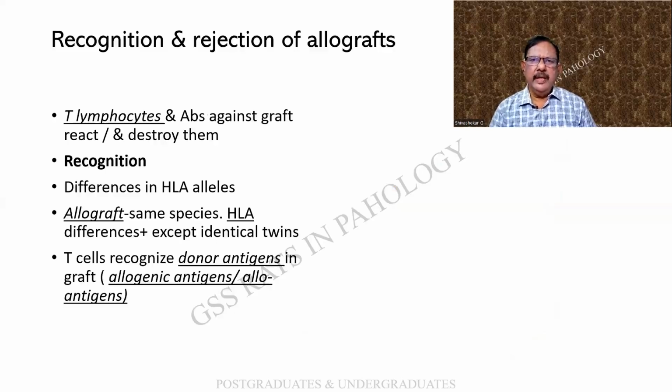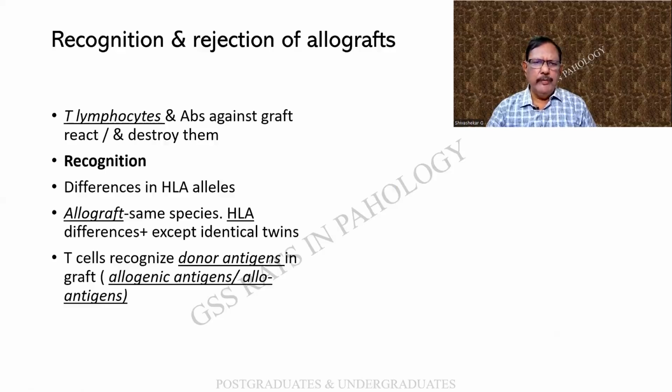The recognition and the rejection of the allografts. T lymphocytes and the antibodies against the graft react and destroy them. One word that we should be remembering will be the T lymphocytes. I have taken pain to put them in italics and underline them so that you people know down such terms.